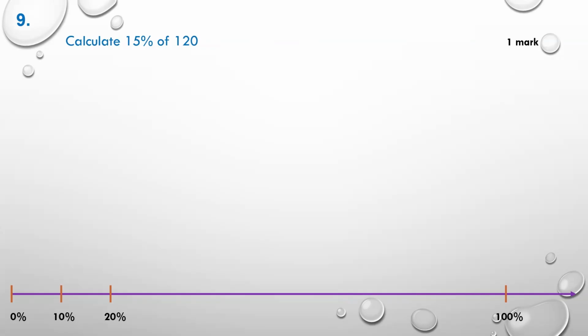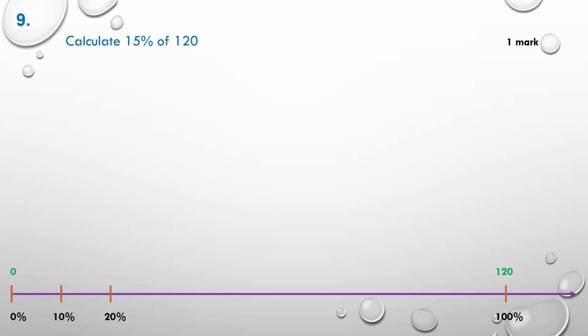So 100%, you know, represents everything. And it says that 15% off 120. That means 120 is the entire thing. So 0% means we have none, and 100% everything is 120. The whole thing is 120.